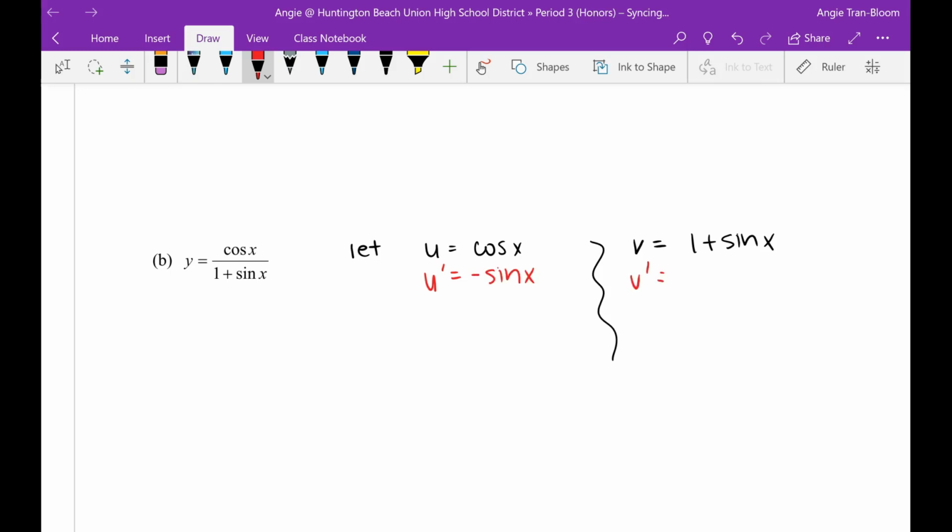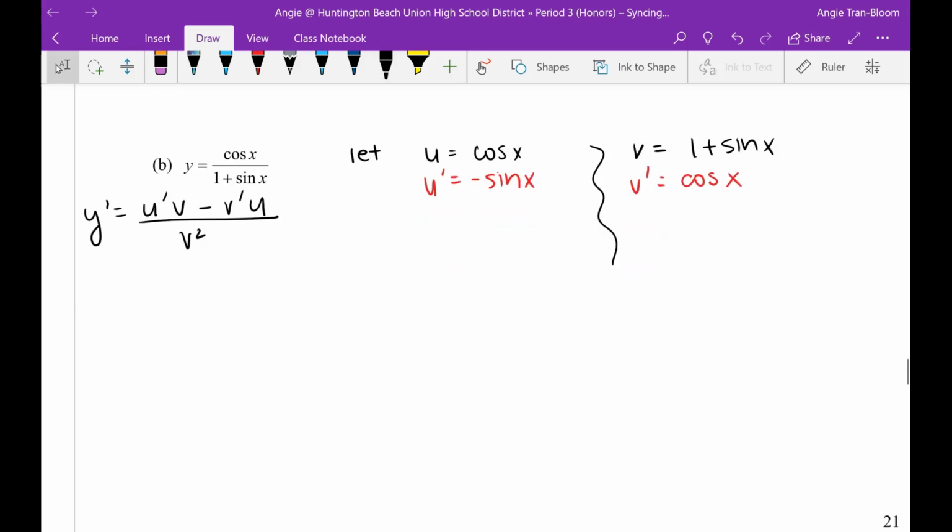And v prime: the derivative of 1 is 0, and the derivative of sine is cosine of x. So I will now write the formula. y prime equals, the formula of a quotient is u prime times v minus v prime times u all over v squared. And no, you can't switch those. The u prime times v minus v prime times u has to be in that order.